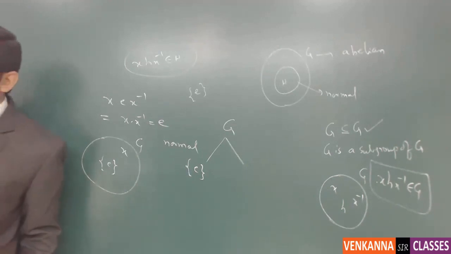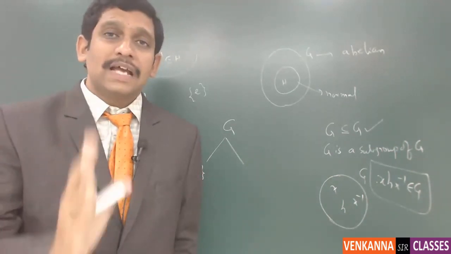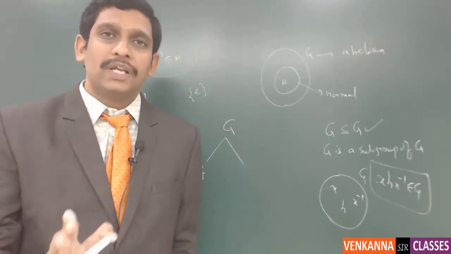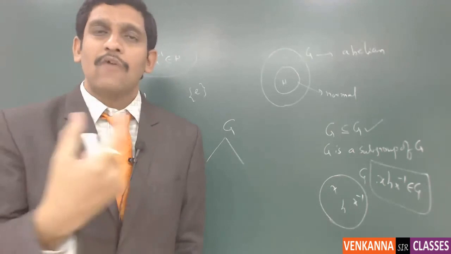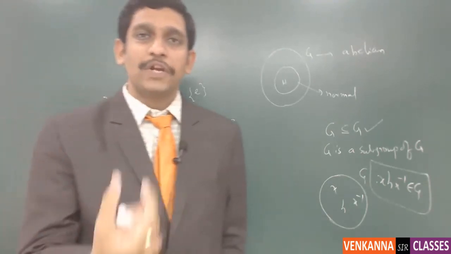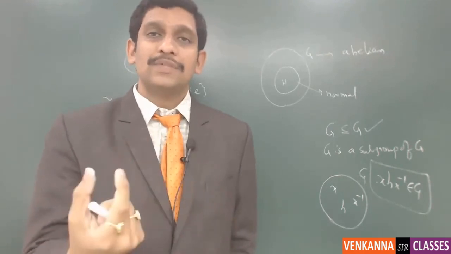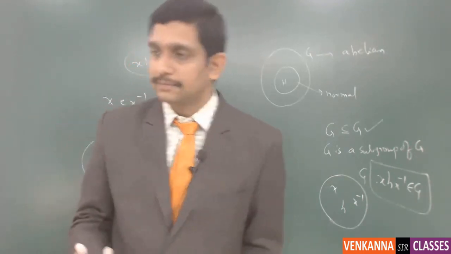So here we need to understand that a normal subgroup satisfies the commutative property with the other subsets and other subgroups of the group. That is the specialty of it.